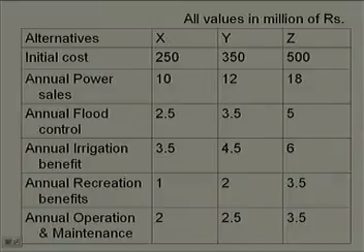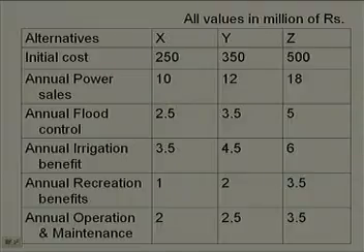Now, we have found that this 250 million cost is giving me a benefit cost ratio of more than 1. Similarly, for Y, corresponding to 350 million cost, I am getting a B by C ratio of more than 1, and same is the case with Z.